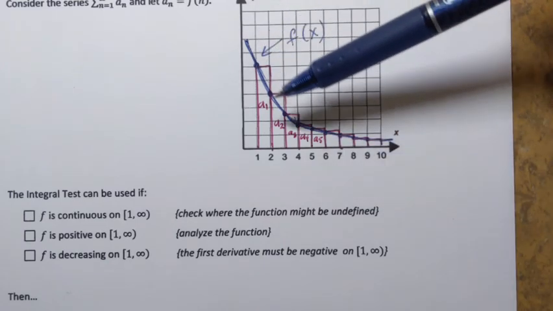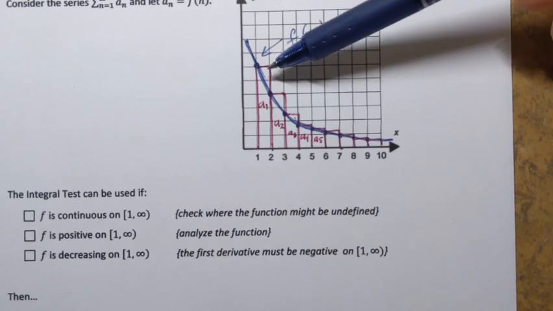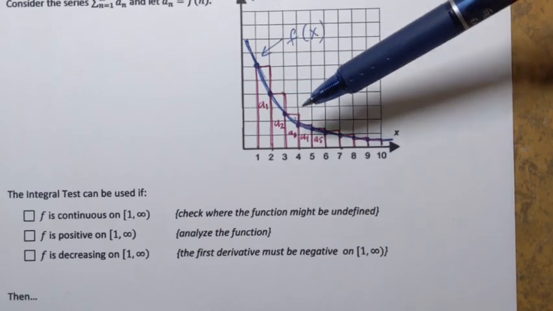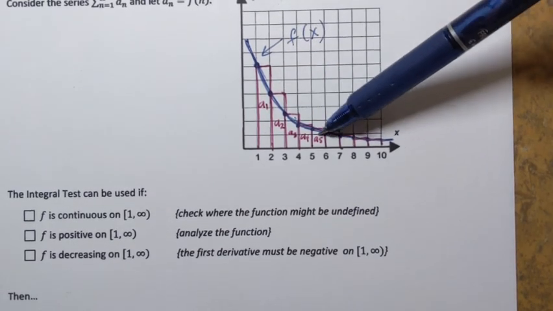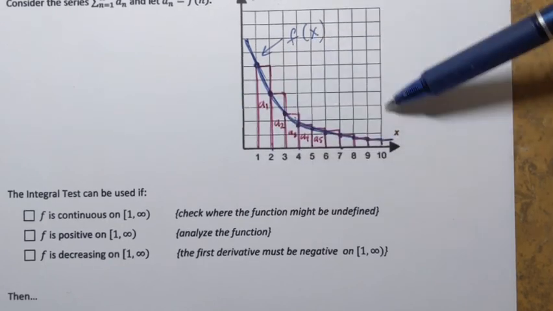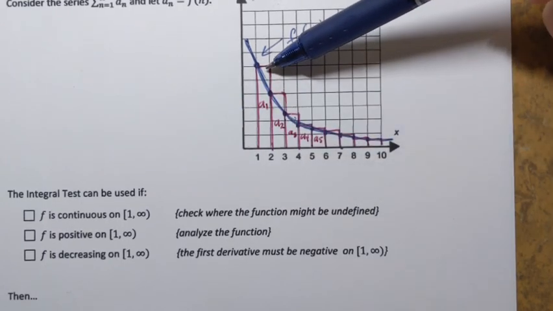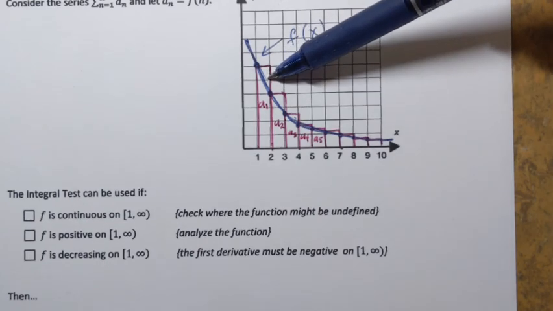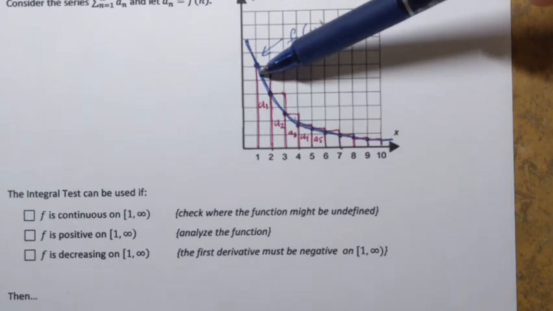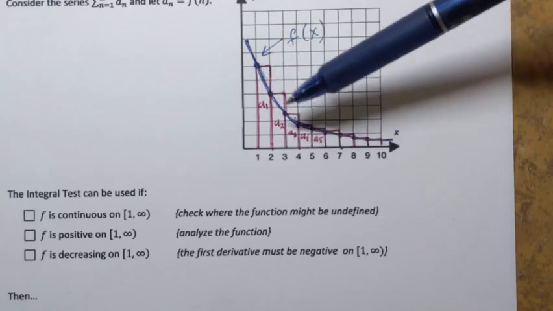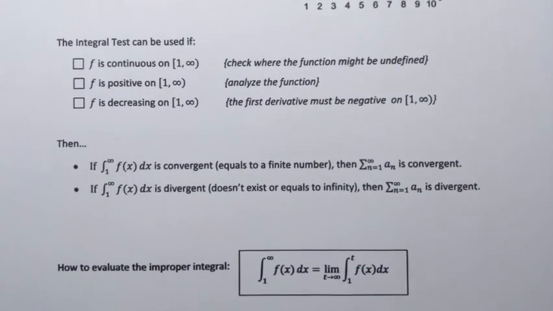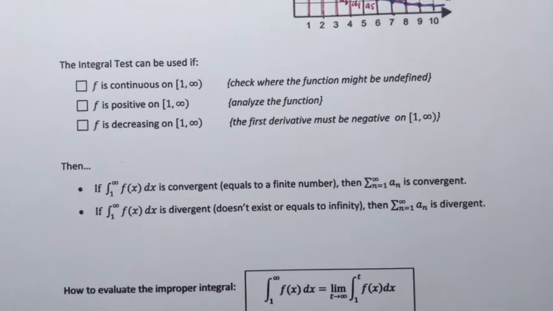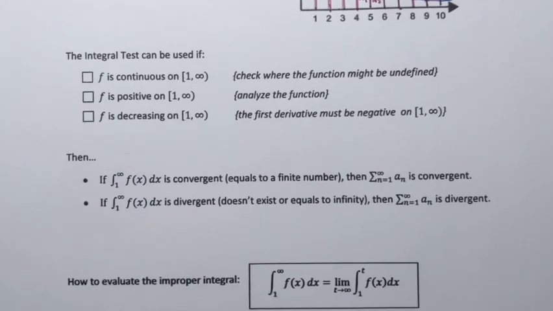So if I look at my sketch here, I have all those pieces of rectangles that are sticking out of that curve. So this geometric illustration indicates that the sum of the series, if it has a finite sum, would be larger than the value of the integral. So that's the idea behind the integral test, and then we're going to look at a few examples to see how it can be applied.